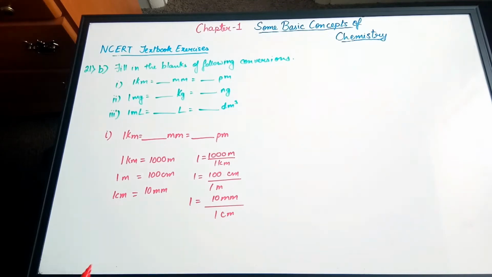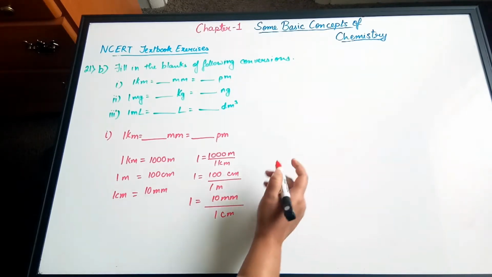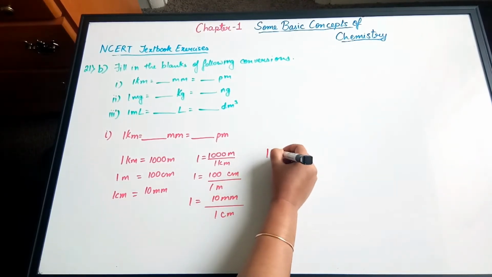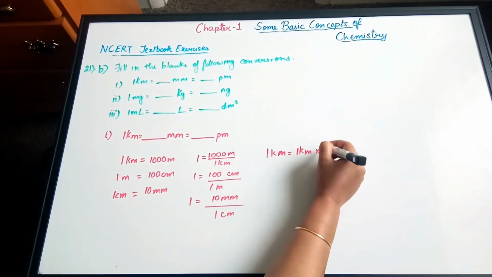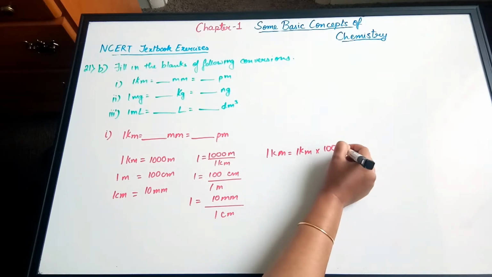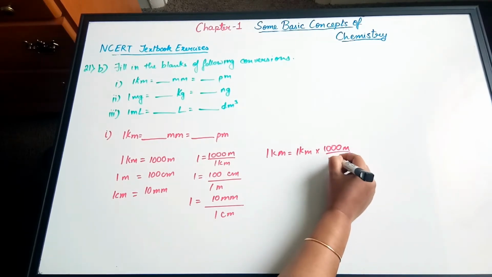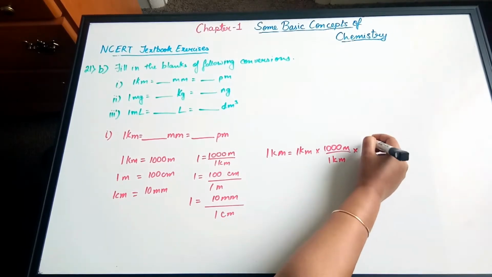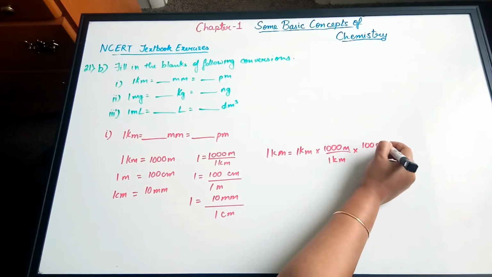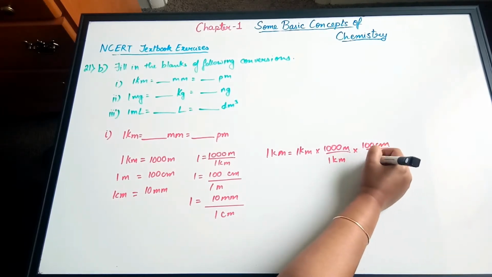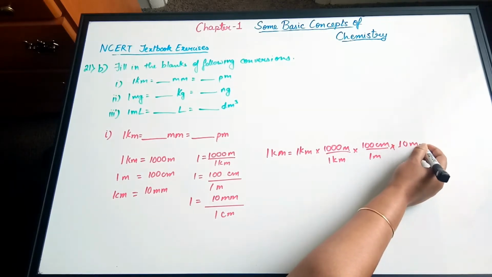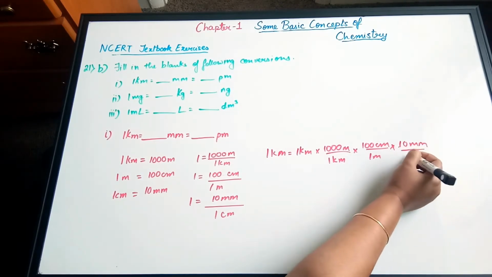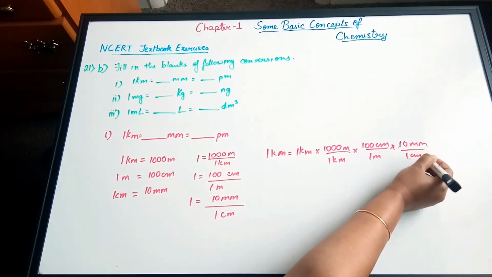So by the rules of unit conversion factor, 1 kilometer will be equal to 1 kilometer into 1000 meters divided by 1 kilometer into 100 centimeters divided by 1 meter into 10 millimeters divided by 1 centimeter.